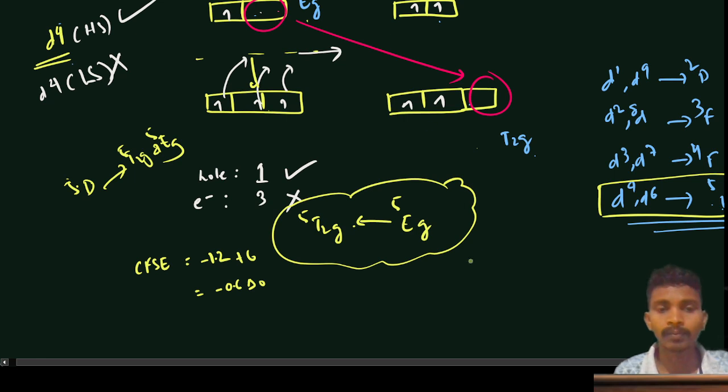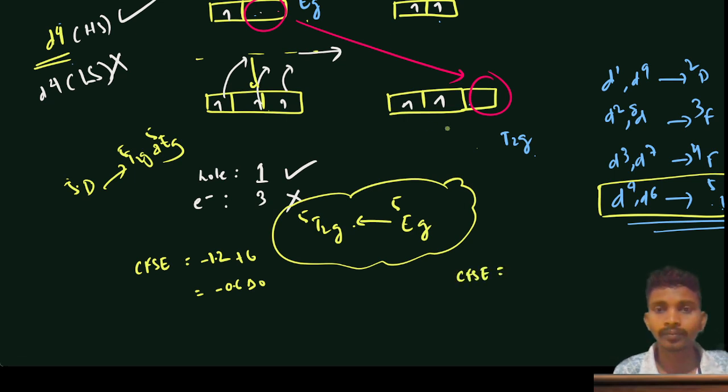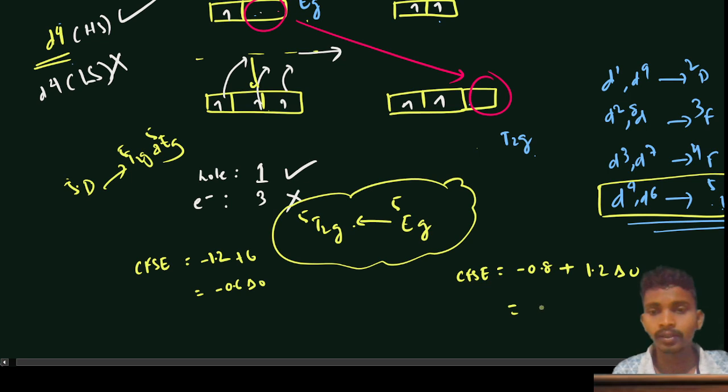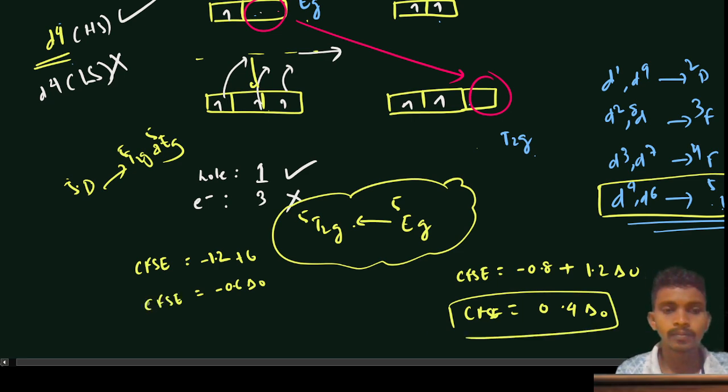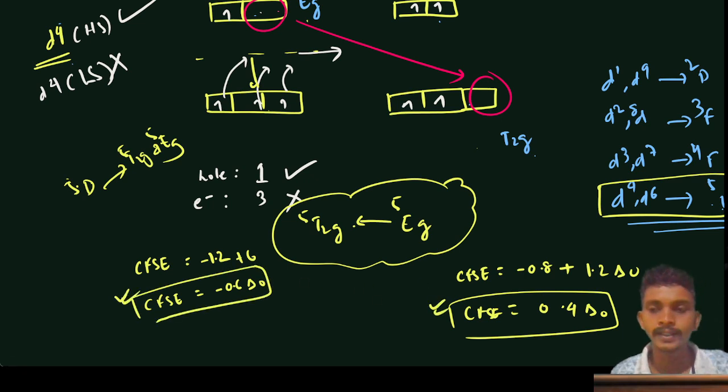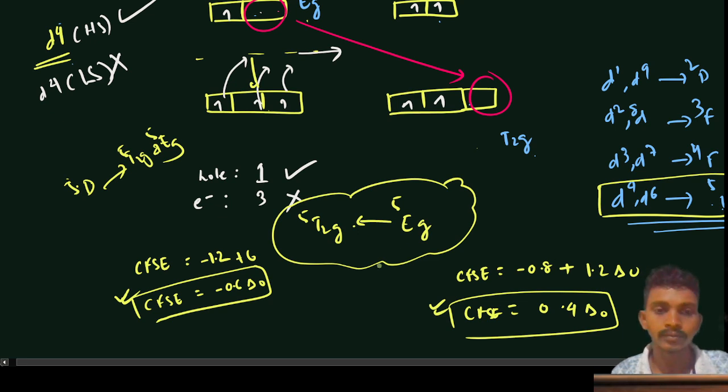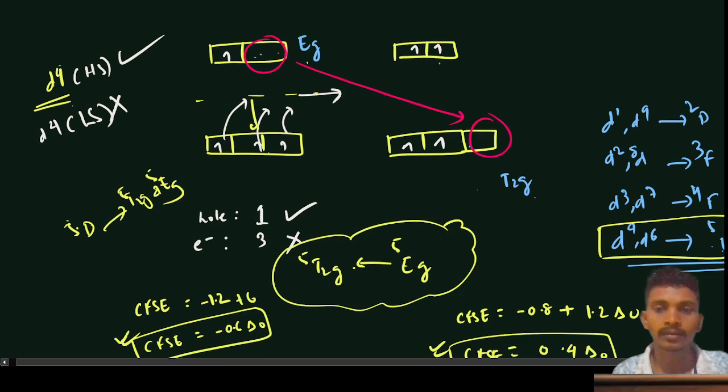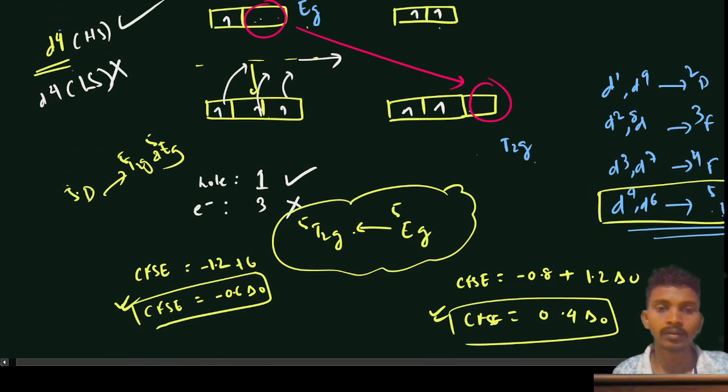For this case if I calculate CFSE, I get minus 0.8 and this is 1.2 delta naught, so it's going to be 0.4 delta naught.